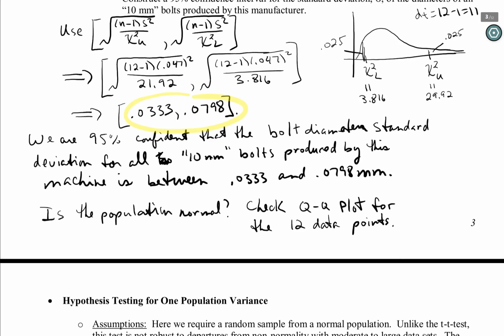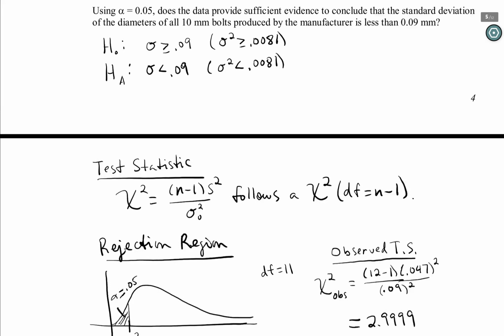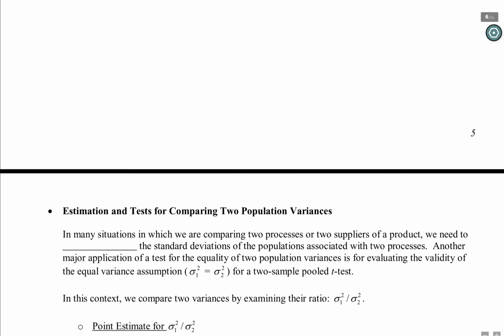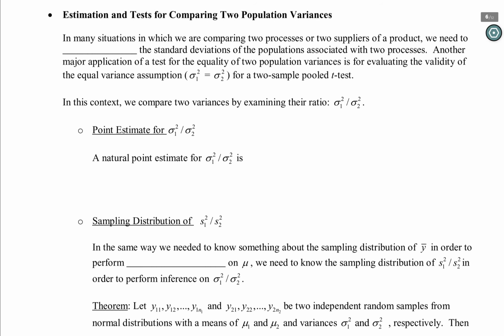And so even using the confidence interval, you would reject this null hypothesis here. Okay, so there's a connection between confidence intervals and hypothesis tests. I want you to continue to be aware of that. All right, next we're going to look at estimation for test and comparing two population variances.